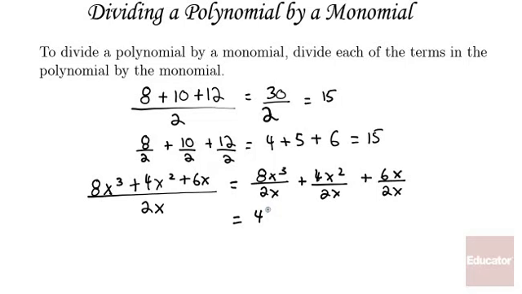X cubed divided by x, subtract 3 minus 1, so just subtract the exponents to get x squared, plus 4 divided by 2 is 2, x squared divided by x is x, plus 6 divided by 2 is 3, the x's cancel out. So this is our solution. So the approach to dividing a polynomial by a monomial is to divide each term in the polynomial by the monomial.